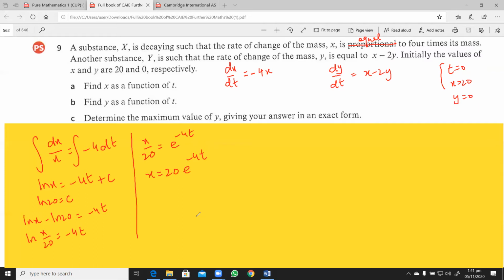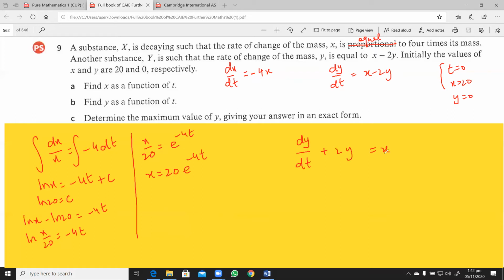Okay, next it says find y as a function of t. Now we have dy by dt plus 2y that is equal to x.